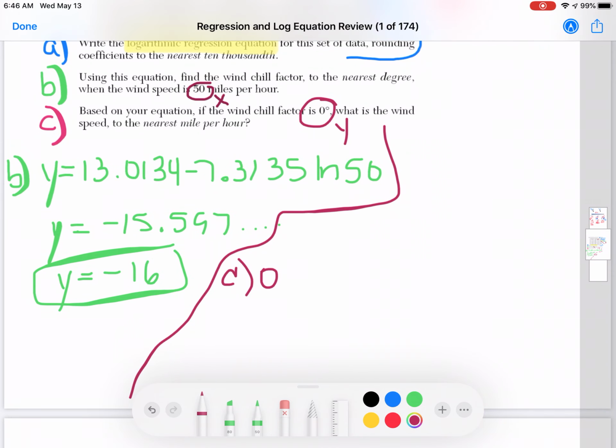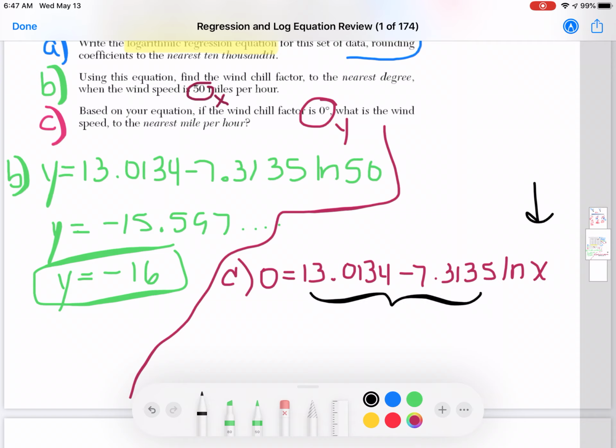So 0 equals 13.0134 minus 7.3135 ln x. Now we just have to solve. Remember, we're solving for x, but x is attached to ln. I cannot put these two numbers together. So what can I do? You guys were so good at this. I think you would tell me to subtract 13.0134.